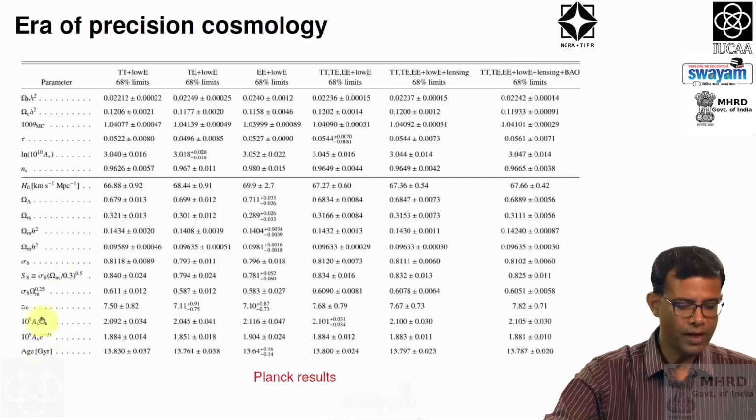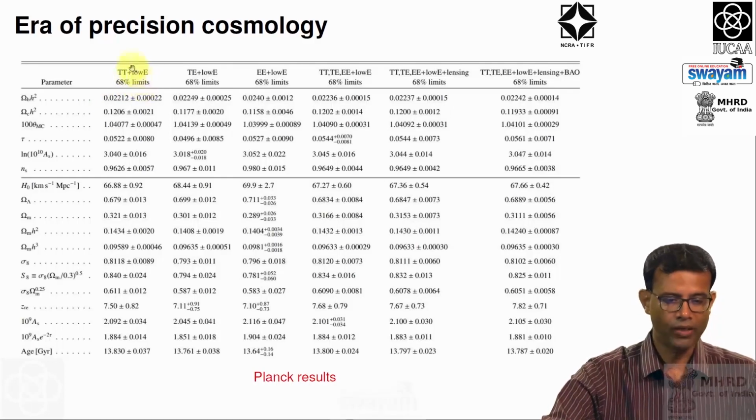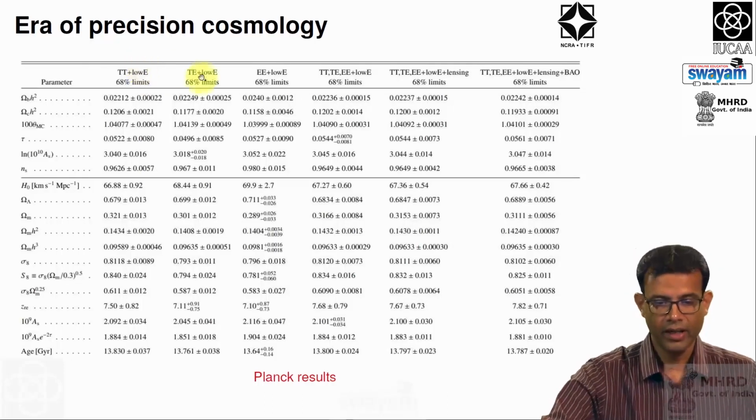This shows the parameters, and the various columns are the way you have analyzed the data. For example, this one would say that you would have used the temperature data and E mode polarization data, but only the low L values, the large scale E mode polarization data, and so on.